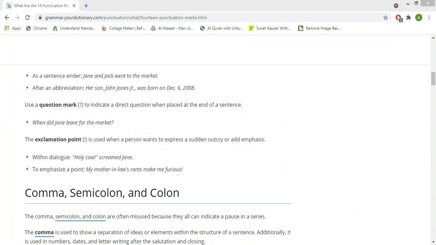It is basically used when there is an expression of sudden feelings, strong emotions, or when the person has expressed something that is wondrous for that person.